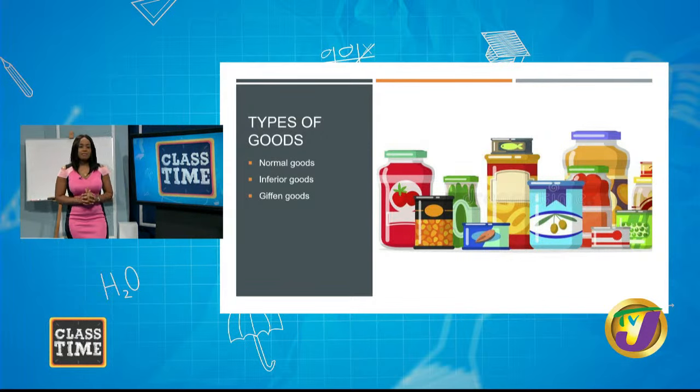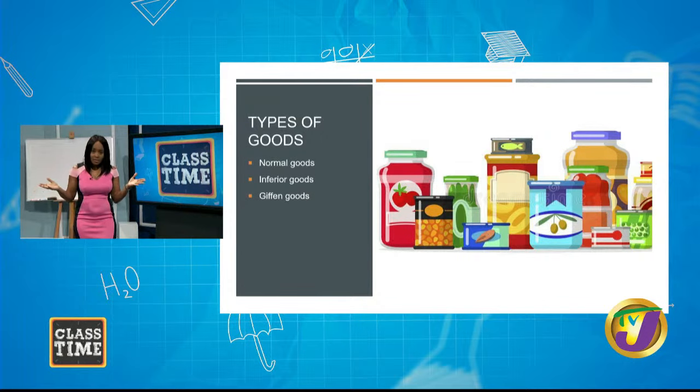As I said before, the inferior good is one that you use because you don't have a choice. It means that the consumer who experiences an increase in their income is likely to purchase less of the inferior good. So you used to get $500 for your lunch money. Then your parents say, hey, I'm going to give you $1,000 now.